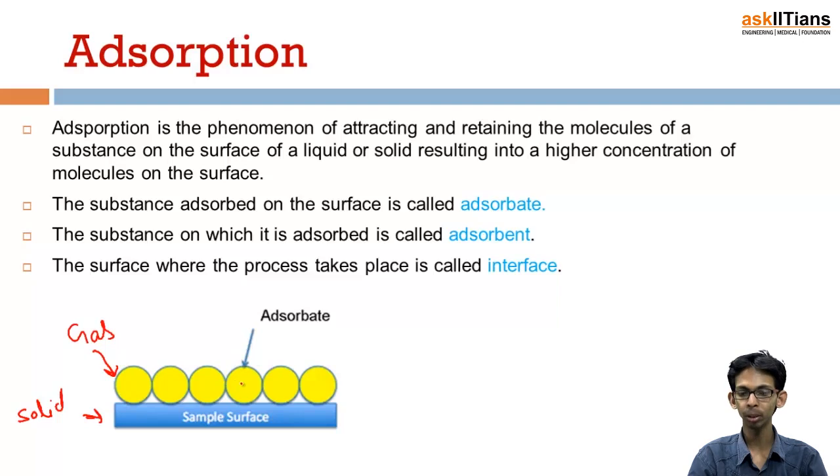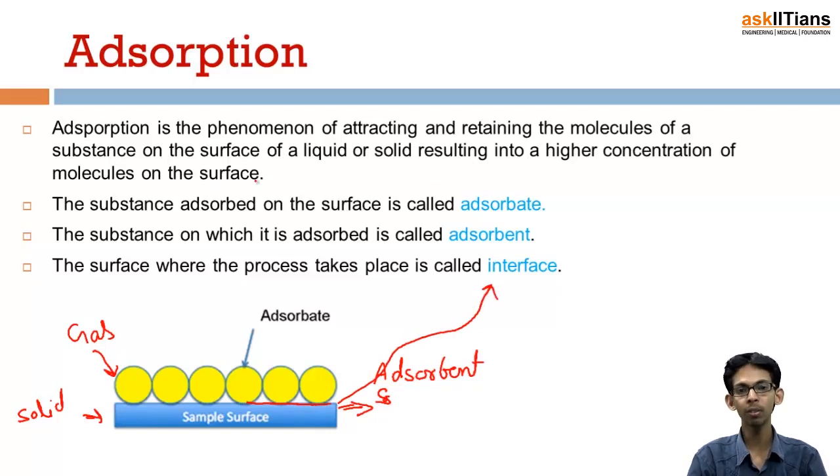These gas molecules are the adsorbate, and the substance on whose surface adsorption is taking place is known as the adsorbent. The surface of interaction between these two is called the interface.